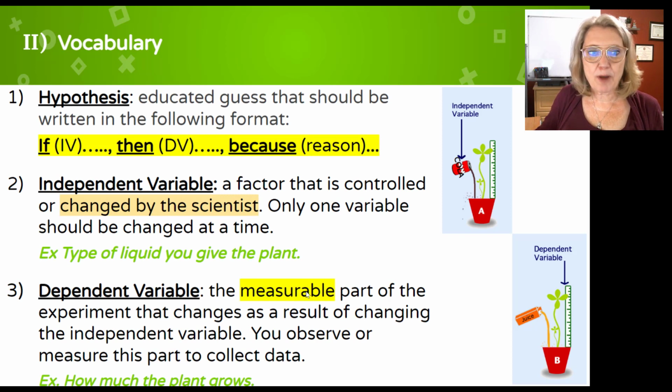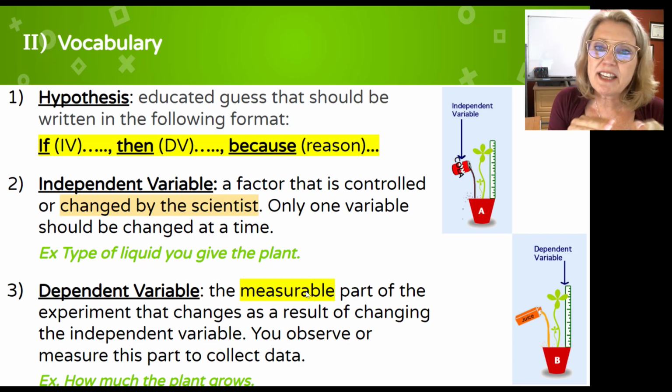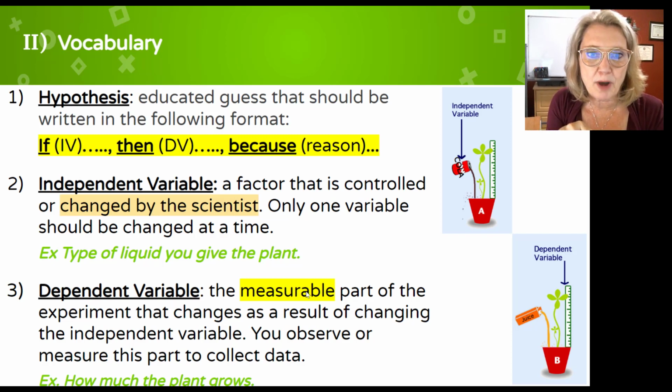The first one is hypothesis, and more than the vocabulary part of hypothesis, because we talked about that before, this is how to write a proper hypothesis. You will probably learn in high school to do this a little bit differently, but in middle school, we teach you to write an if-then statement, okay?